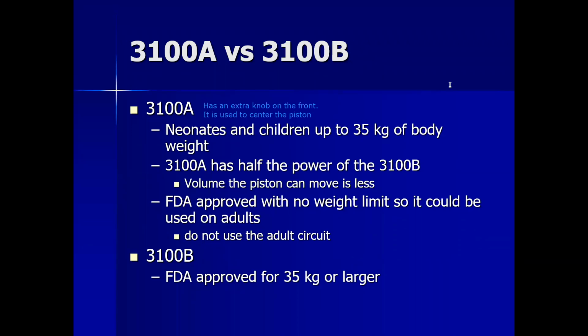And as it's moving, there's like a little red arrow, and it shows you how the piston's moving, going back and forth. And if it's going over to the left or going over to the right, you have to use a knob to get that movement to be in the center. So you have to center the piston.